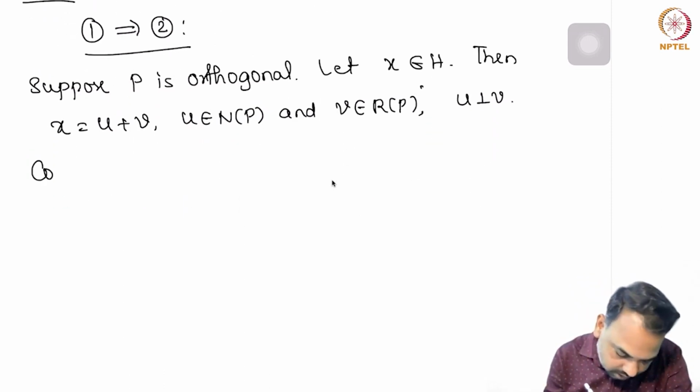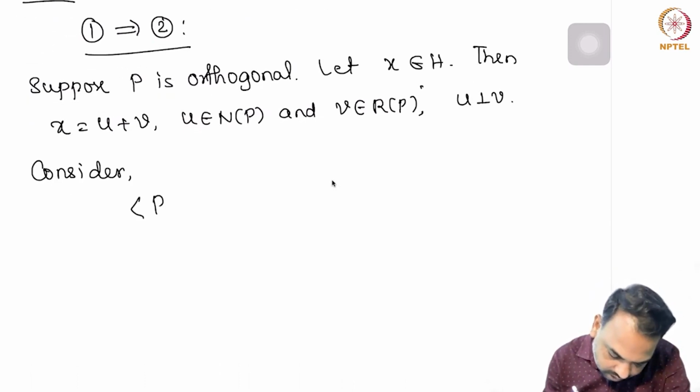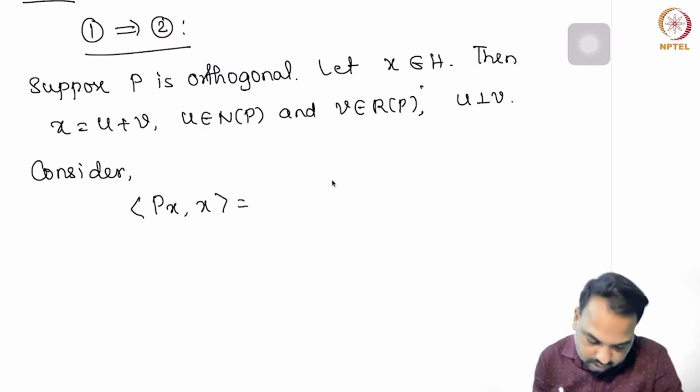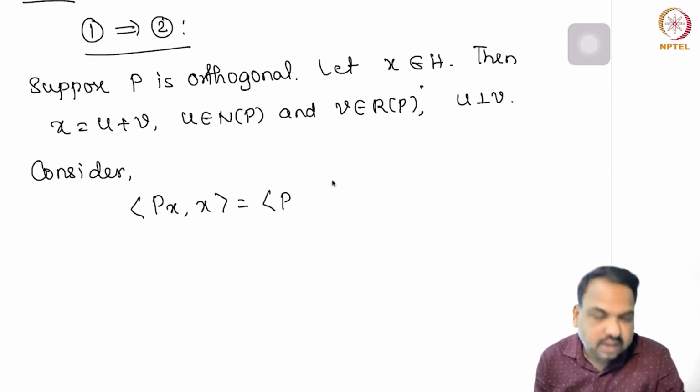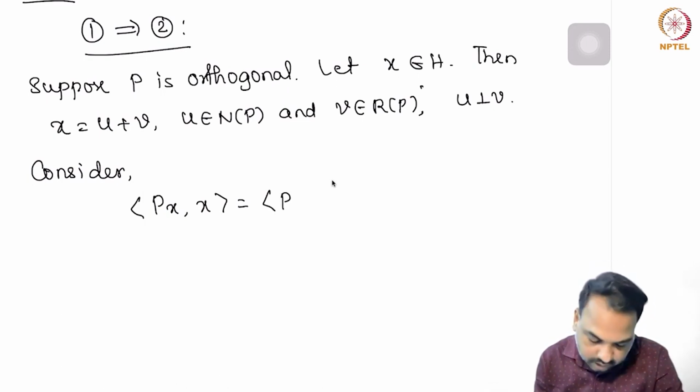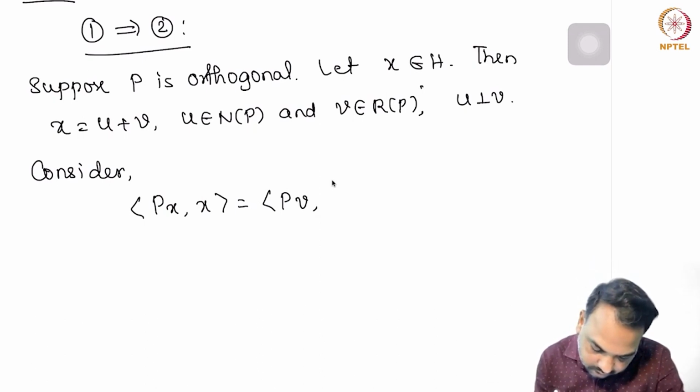Now we want to show that P is positive. So for that we have to look at the inner product of Px with x. Now this is nothing but the inner product of P(u plus v). Pu is 0 because u is coming from the kernel. This is Pv, and here x is u plus v.